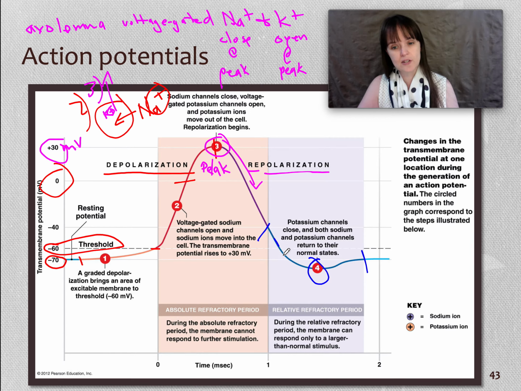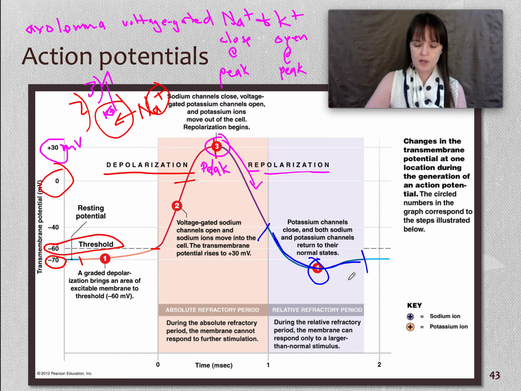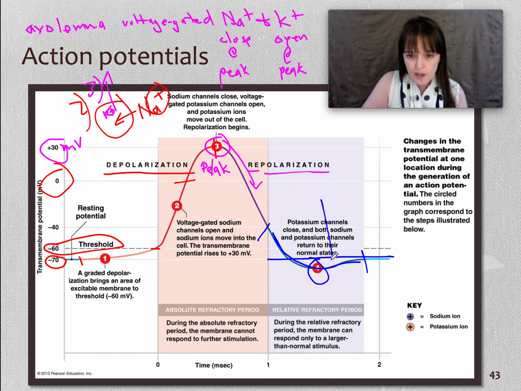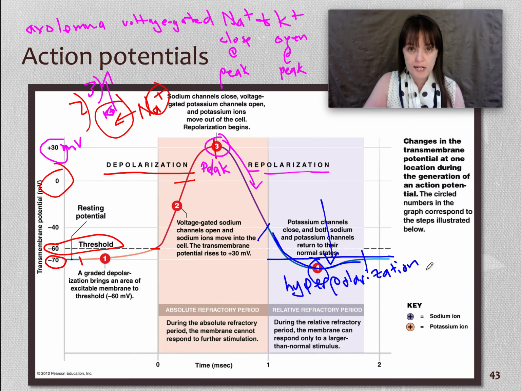Since they take so long to close, we dip lower than normal, because here was your normal right here. So we have this brief period of hyperpolarization at the end of the action potential.